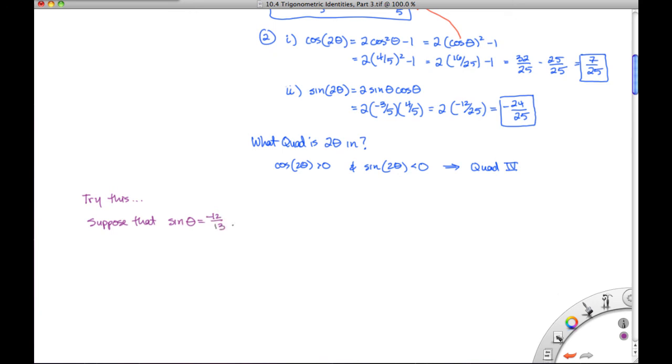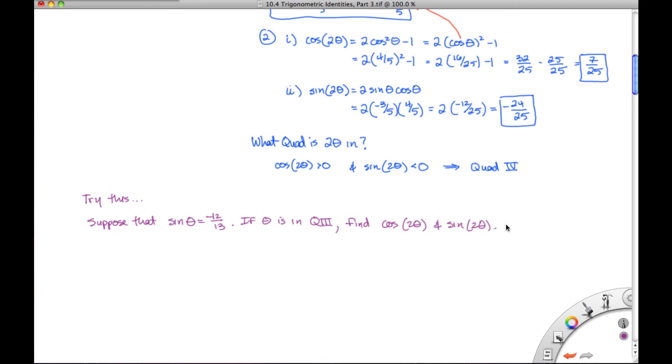Okay, so that's our information. That's theta. If we know that theta is in the third quadrant, so in quadrant 3, I want you to calculate the cosine of 2 theta and the sine of 2 theta.